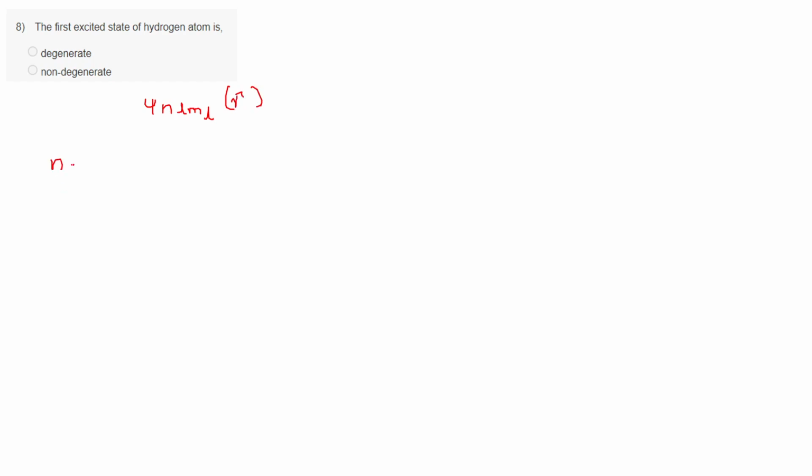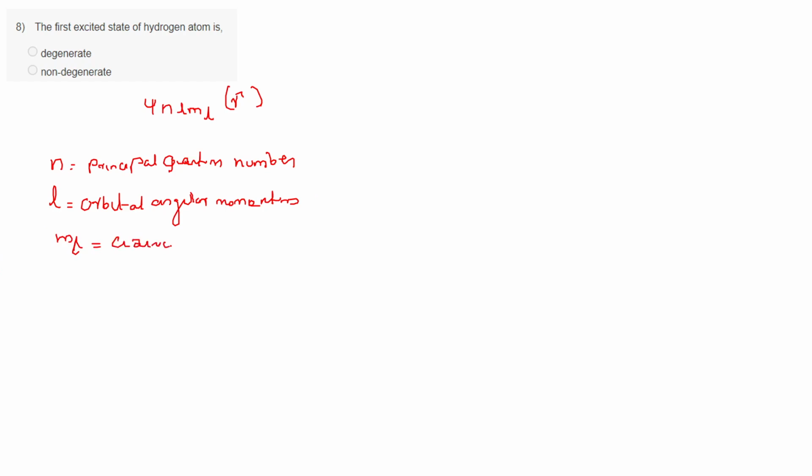So n will be the principal quantum number, l will be the orbital angular momentum quantum number, and m_l will be the azimuthal quantum number, or magnetic quantum number, whatever it is.